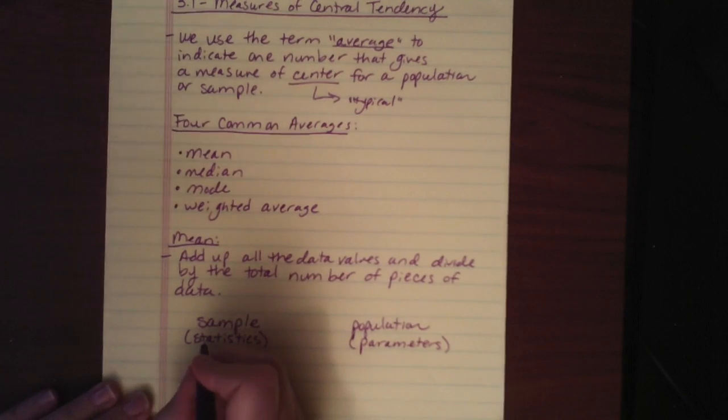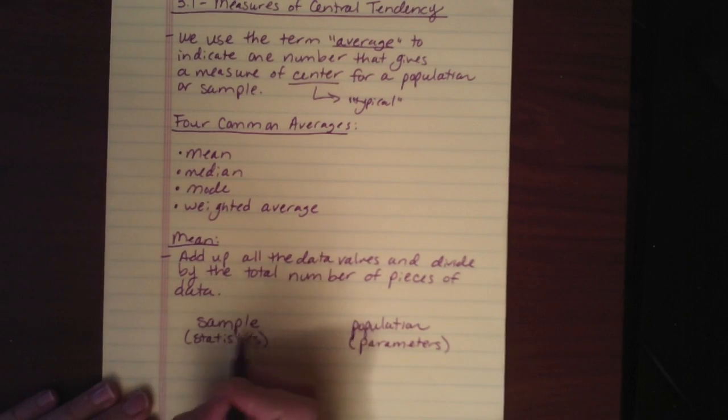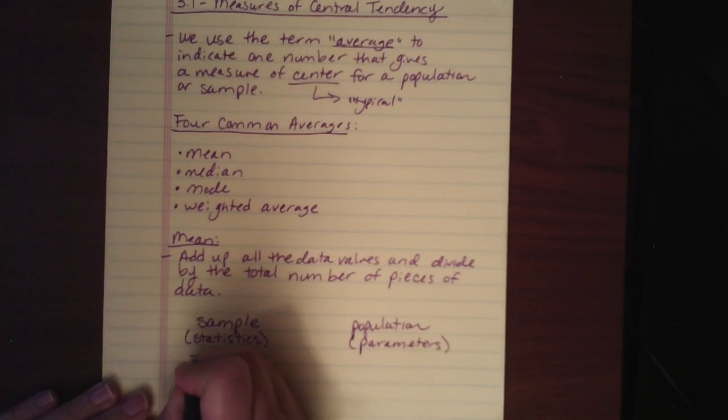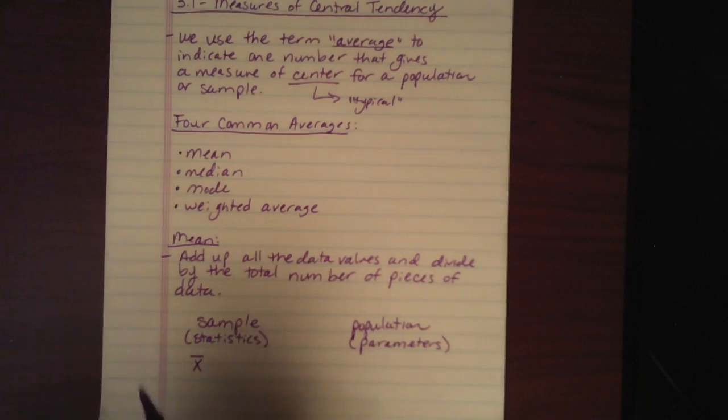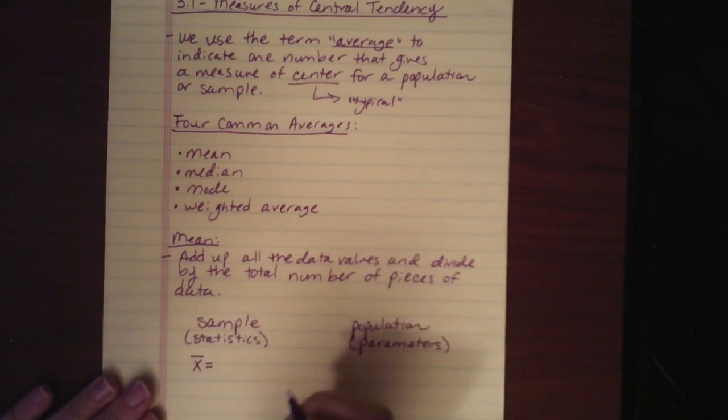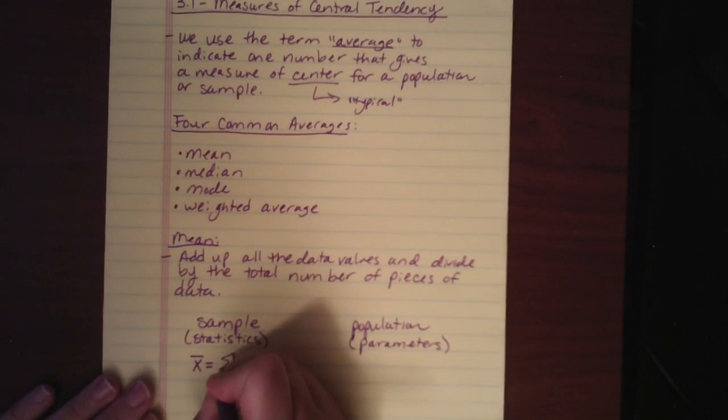The symbol for the sample mean is X bar, and this is on that purple symbol sheet that I gave to you. If you've forgotten, you can go back and take a look, and it'll have the X bar listed for the sample mean. The way that we find X bar is we add up all the X's.